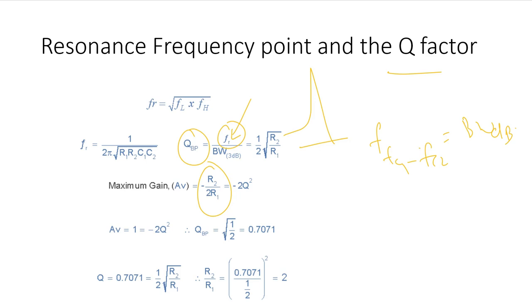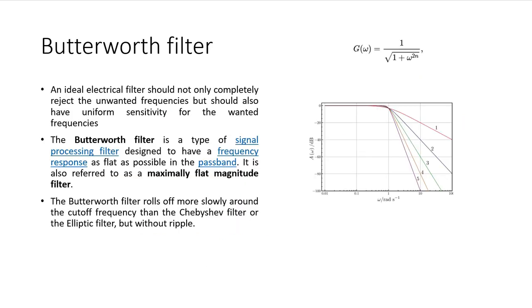Now, discussing these cuts and rises, we use the mathematical format known as the Butterworth filter. An ideal electrical filter should not only completely reject the unwanted signal but also have uniform sensitivity for the wanted signal.